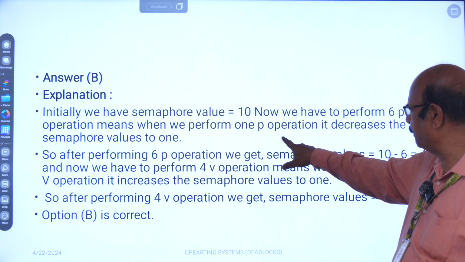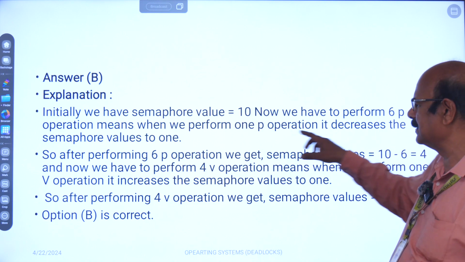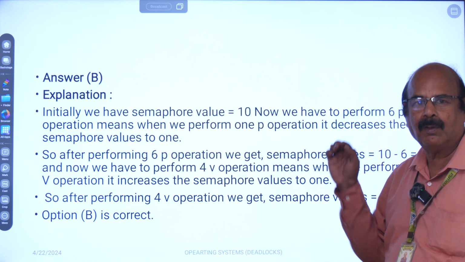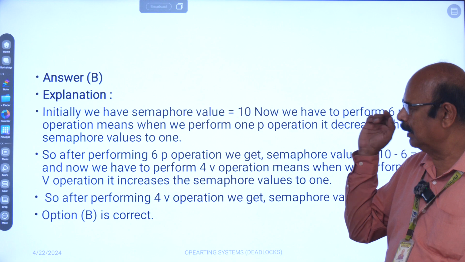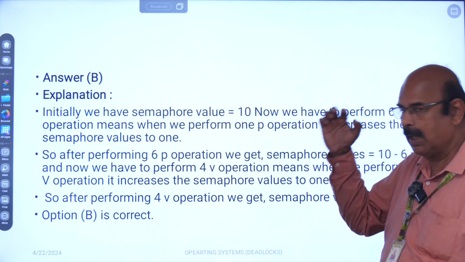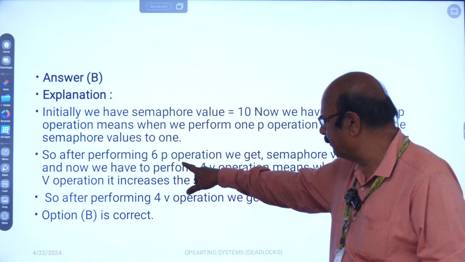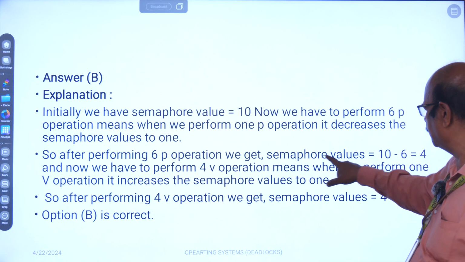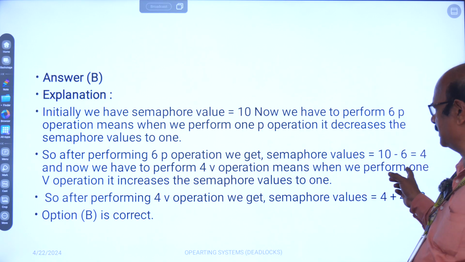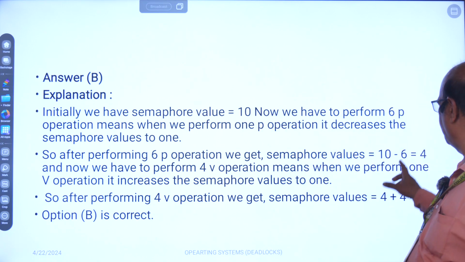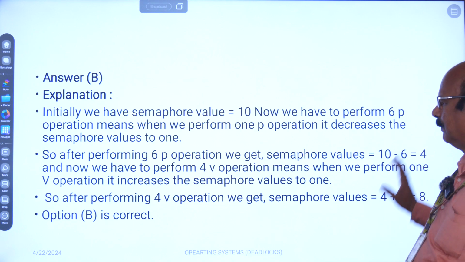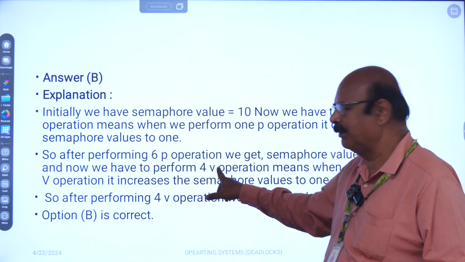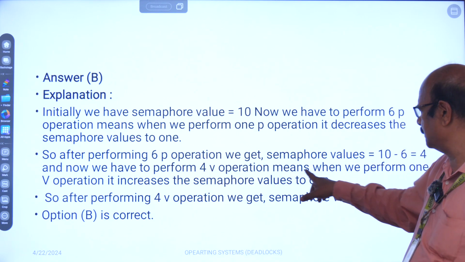When we perform 1 P operation, it decreases the semaphore value by 1. So after performing 6 P operations, the semaphore value is 10 minus 6, so the remaining value is 4. Now we have to perform the 4 V operations.